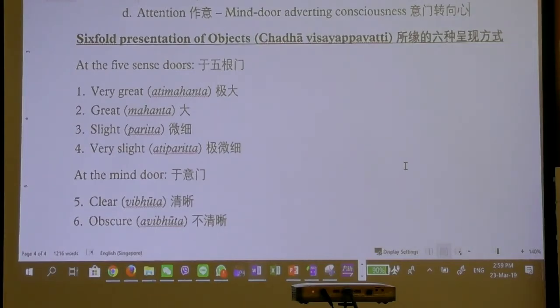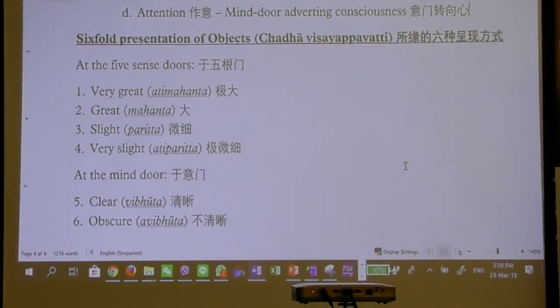Your eye base is going to check the color object. Sometimes the color object is very clear. Very clearly can see. And we call that very great object. Why? Because a clear object can produce 17 mind movements continuously.